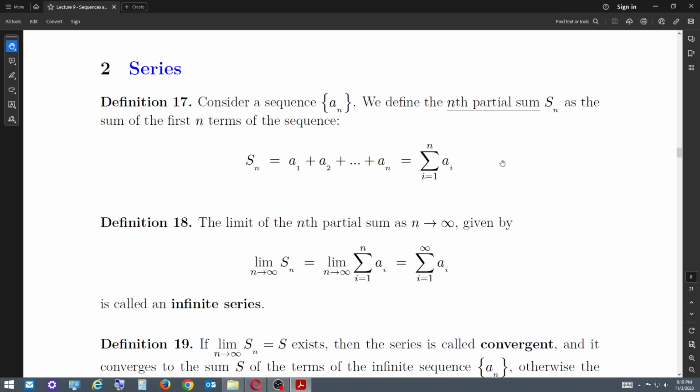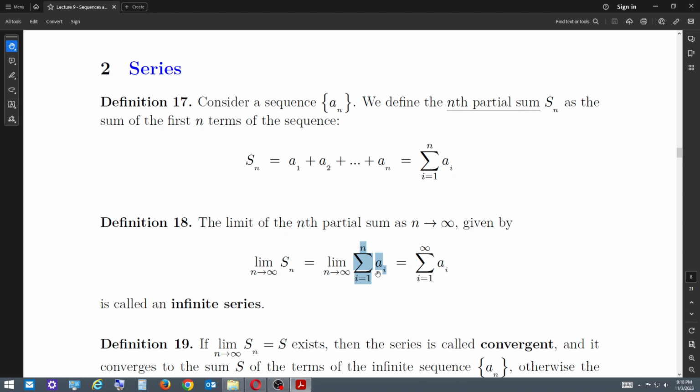So if we take the nth partial sum S_n and look at the limit as n goes to infinity, that's really just the limit as n goes to infinity of the summation i goes from 1 to n of a_i. Because remember, S_n is just the sum of the first n terms. So basically I'm summing the first n terms and taking the limit as n goes to infinity.